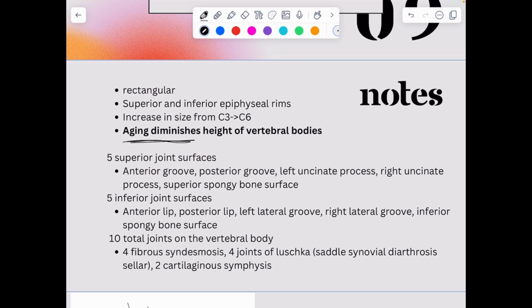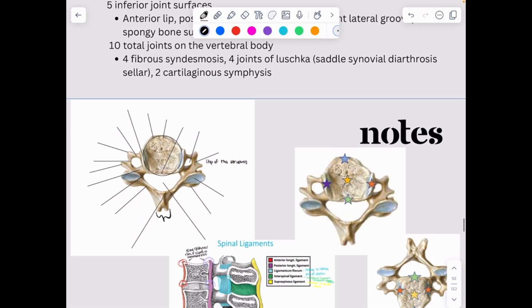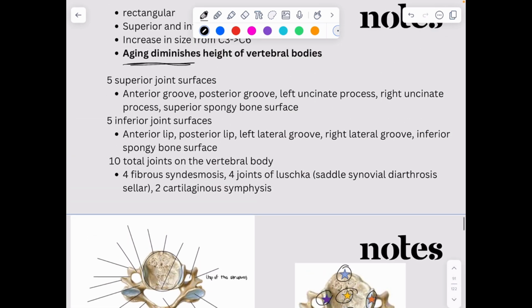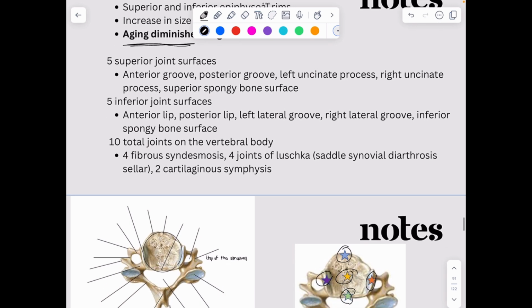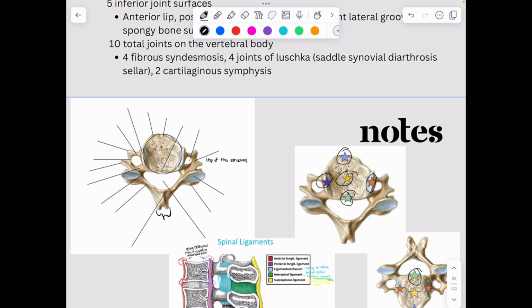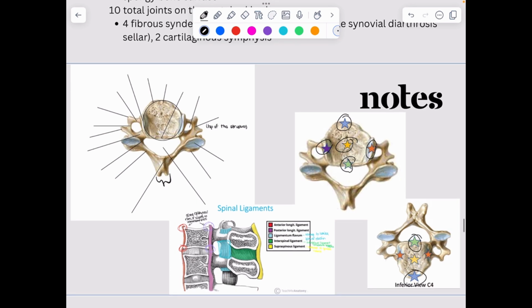There's the anterior groove, the posterior groove, left and right uncinate processes, and the superior spongy bone surface. So we can see that right here. Anterior, posterior, left and right, and spongy bone. On the inferior, it's exactly the same, except remember it's lips. So anterior lip, posterior lip, right and left.